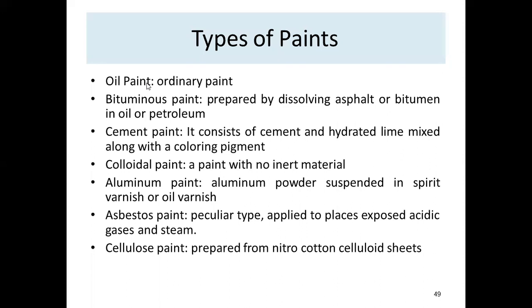We can go for three coats or maybe two coats only, as per our requirements, but basically we apply three coats: the first is the priming coat, the second is the undercoat, and the third is the finishing coat, respectively.